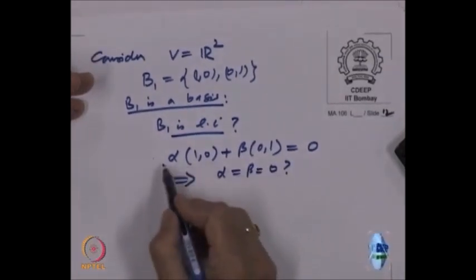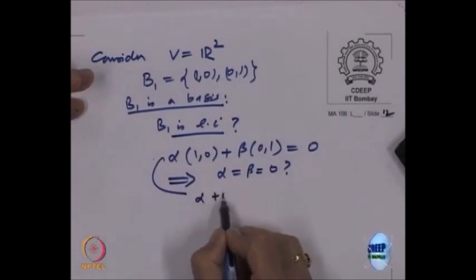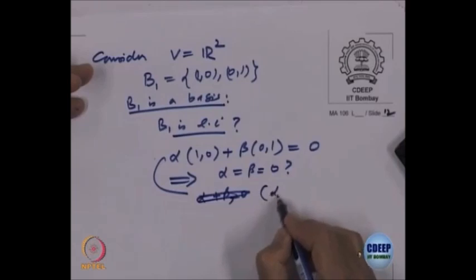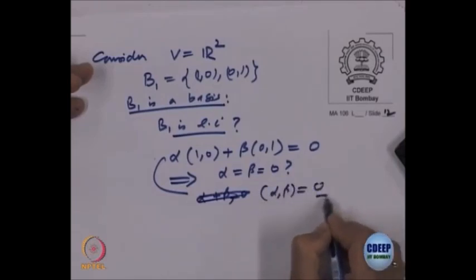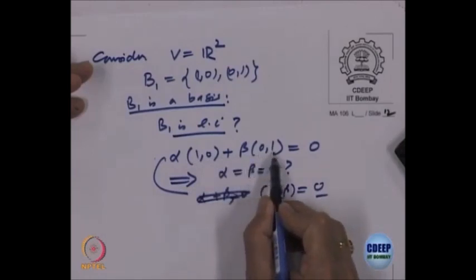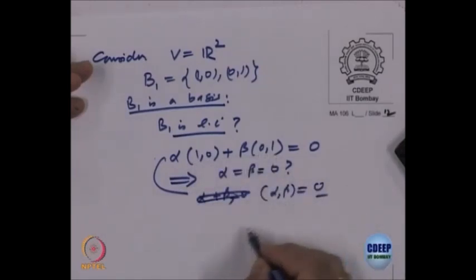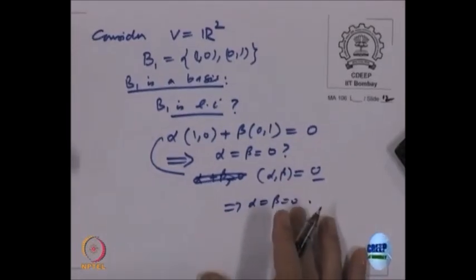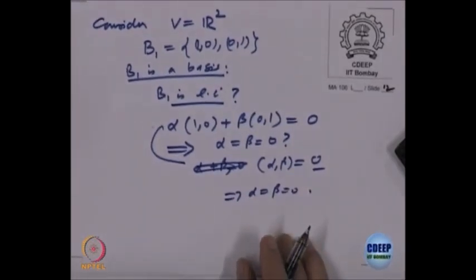So, this equation is the same as saying (alpha, beta) equals 0, and that implies alpha equal to beta equal to 0. So, linearly independent. I should check either it is maximal, or everything generates; either is okay.